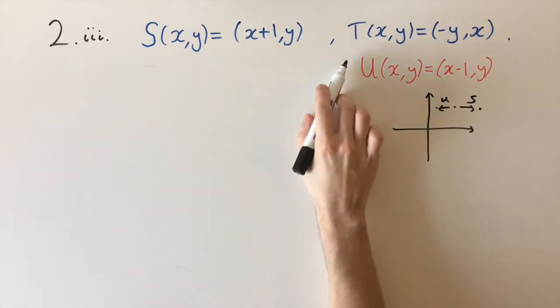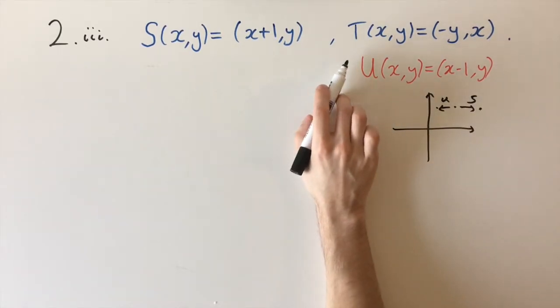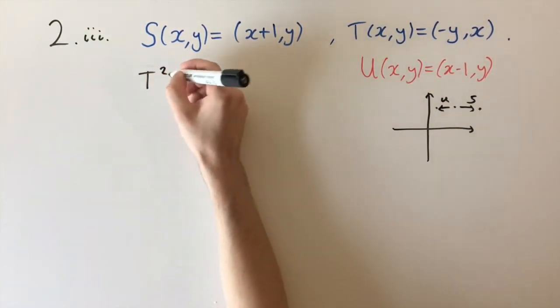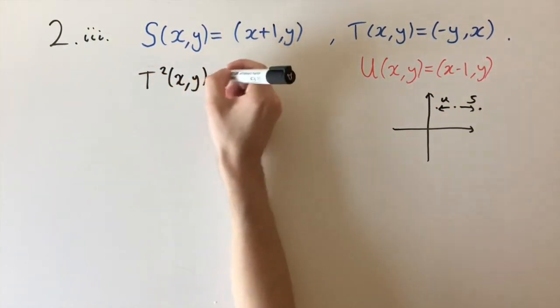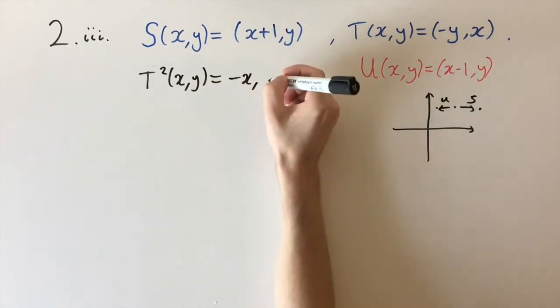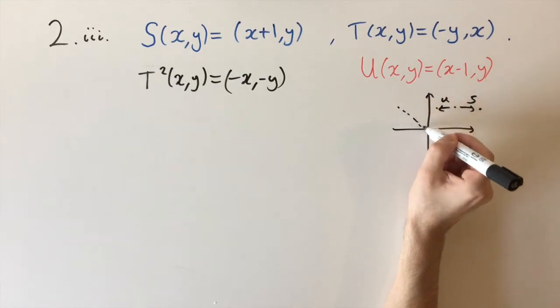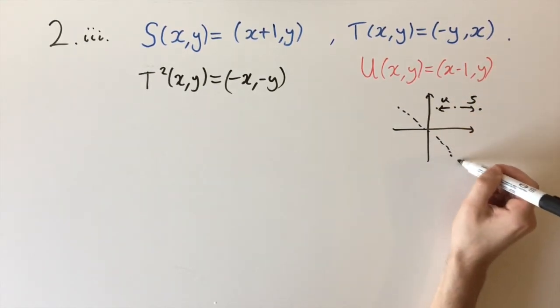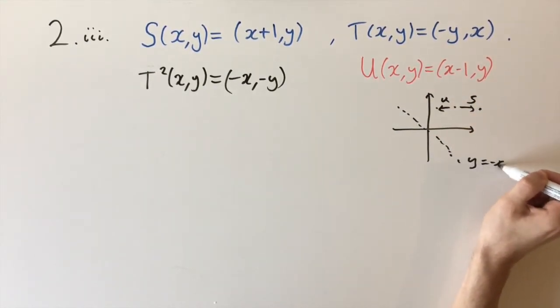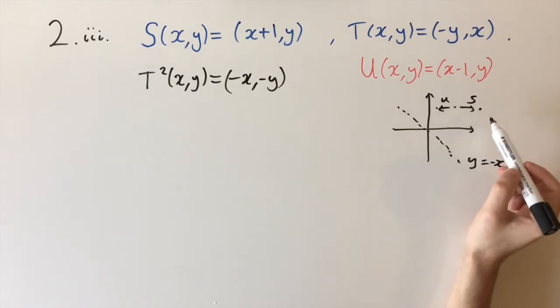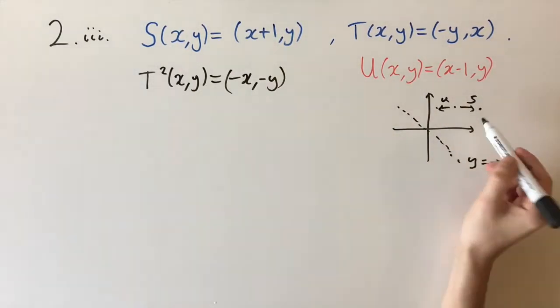So let's quickly remind ourselves from the last question what the powers of T looked like. Remember that T squared of (x, y) was (-x, -y). And as we said, this was a reflection in the line y equals minus x. So intuitively, this might hint that we can apply this, and then we get a point.